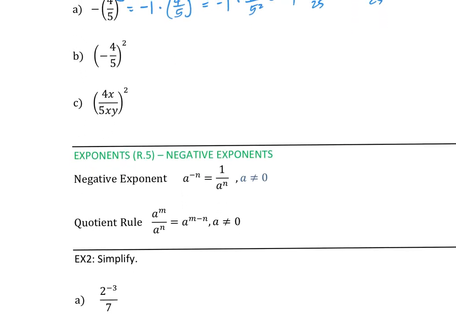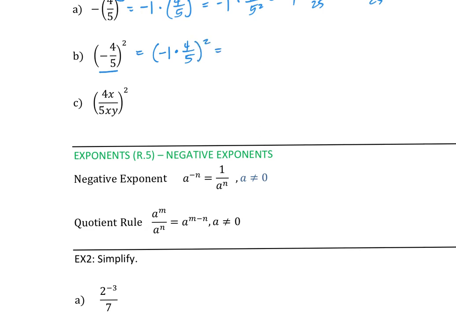In part B, the negative is inside the parentheses. So negative 4/5 is a base to the exponent 2. So you could simply multiply negative 4/5 times negative 4/5, which is fine, but I'm going to use the properties. Inside the parentheses, I have a product. I have -1 times 4/5, and that's squared.